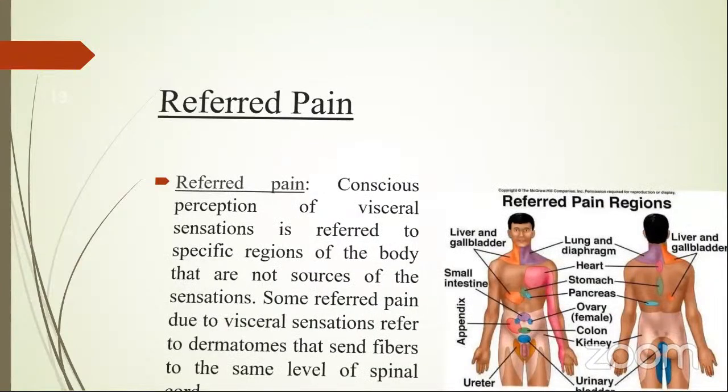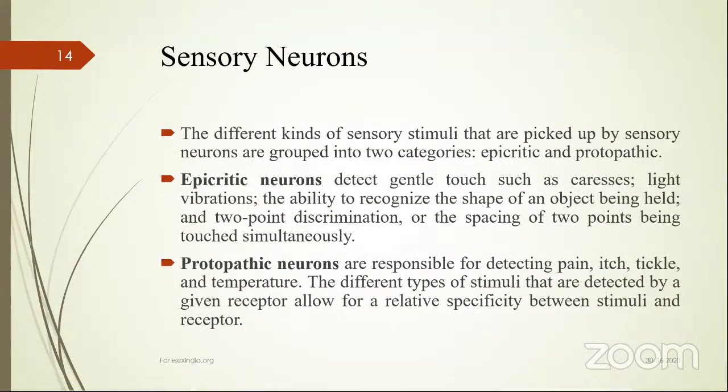Before going to the dermatomal assessment technique and purpose of assessment, we should know about the sensory neurons present in the dermatome. As I told before, skin has a lot of receptors and a lot of nerve endings. We can categorize them into epicritic neurons and protopathic neurons.